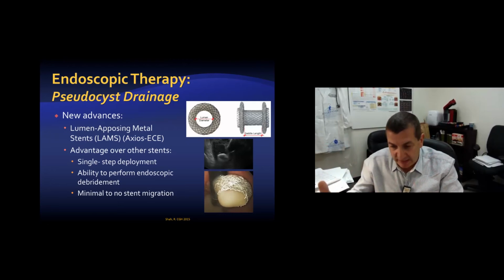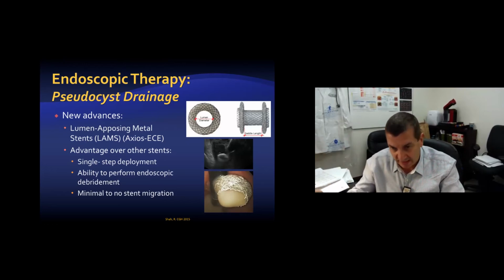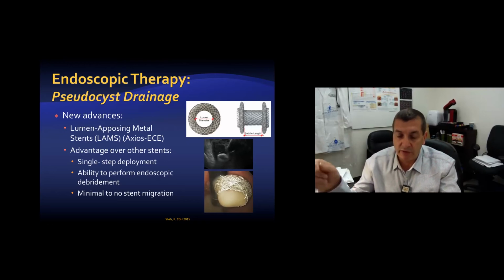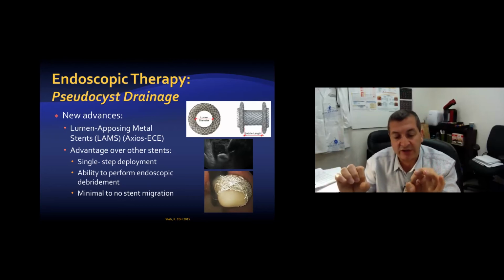Then EUS became available with larger channel, linear EUS became available. It became safer to do under EUS guided drainage, and it's still cumbersome because what we had to do, we had to go with a needle, you had to use a needle knife to kind of burrow through into the pseudocyst and then dilate the tract and then put 3 plastic stents that are 10 French each. 10 French is divided by 3, which will be like 3.3 millimeter.